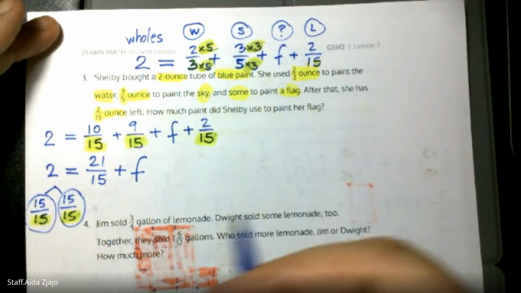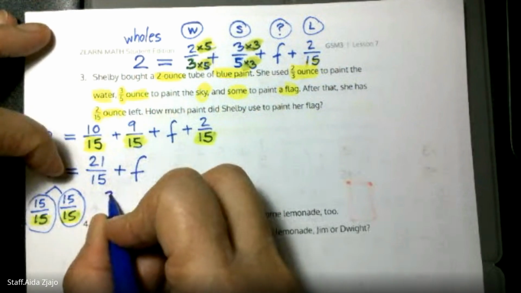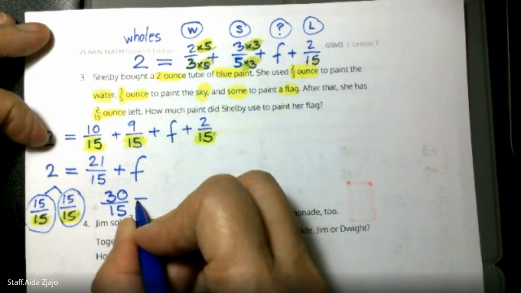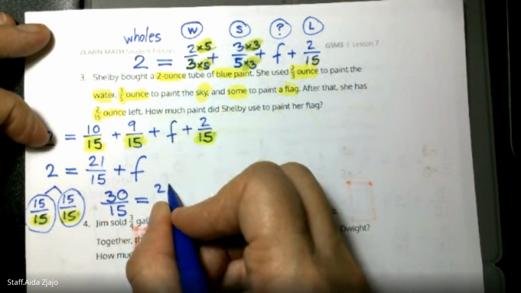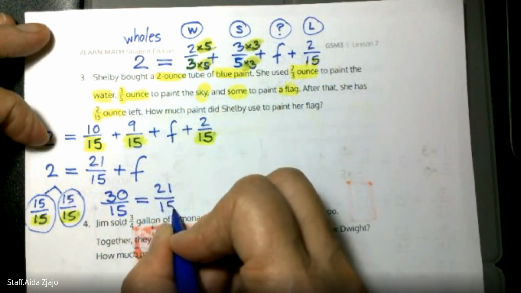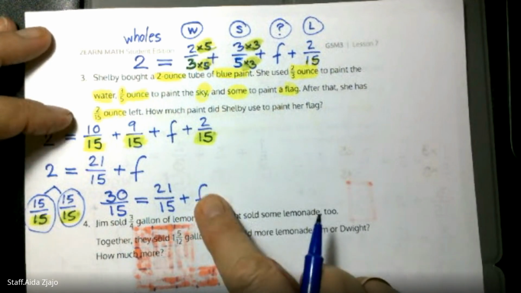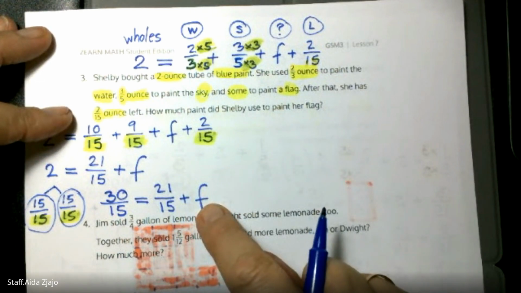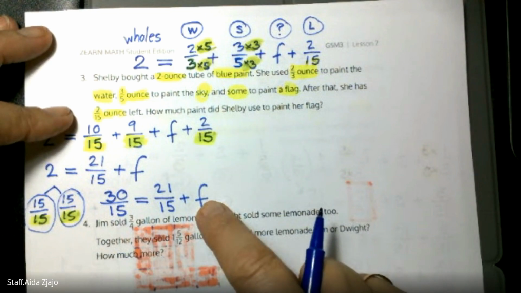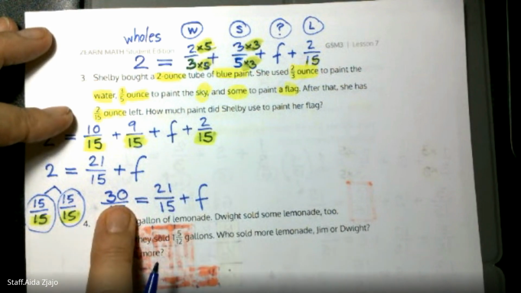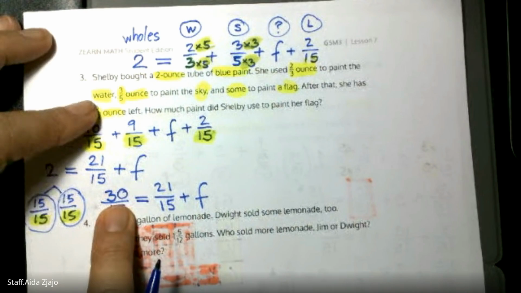So 30/15 has to be equal to 21/15 plus F. Now, how many 15ths does F need to be in order to add to 21/15, so that all would equal 30/15?